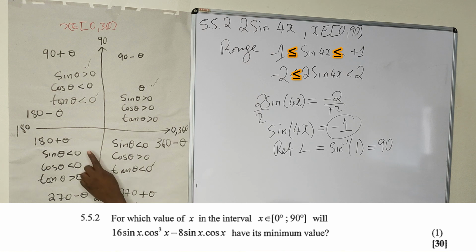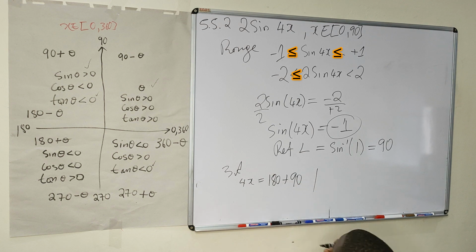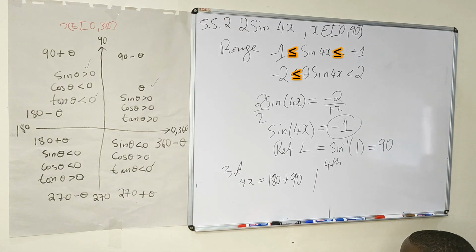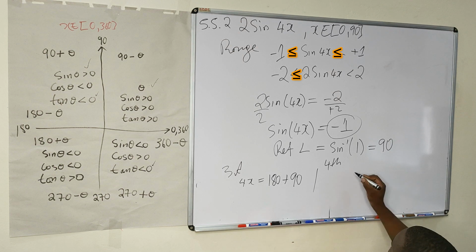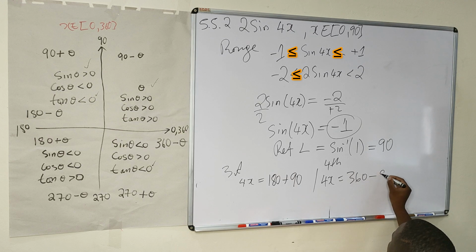Where is it? It's going to be the third and the fourth. On the third quadrant, your 4x is equal to what? 180 plus 90. And on the fourth quadrant, I'm not going to say plus k360 because I'm not finding a general solution. I want specific values now. 4x equal to 360 minus 90.